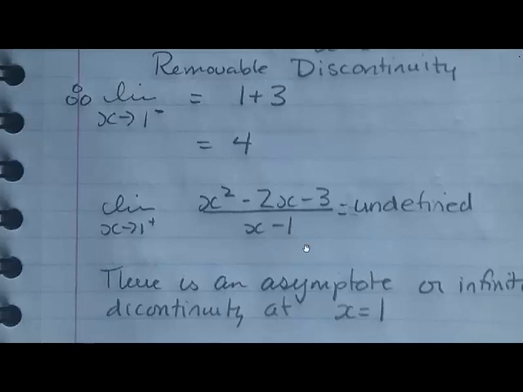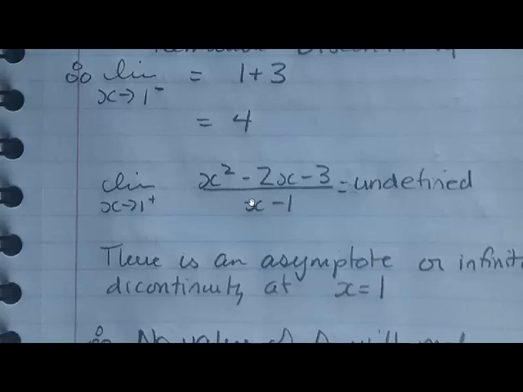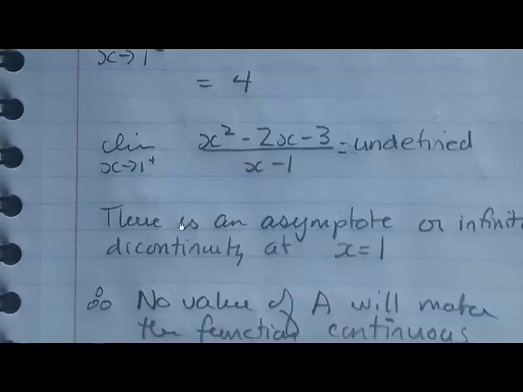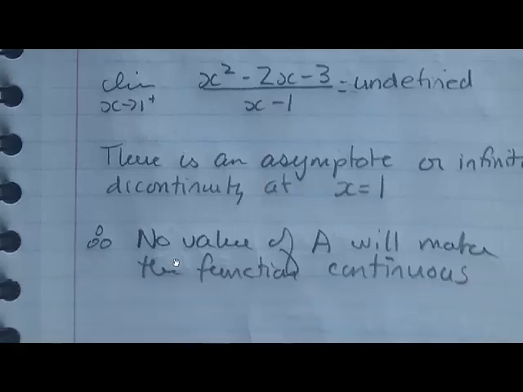Anyways, it certainly doesn't cancel with this value on the bottom. So we're actually going to get an infinite discontinuity at x equals 1 for this second branch of the function. So there is not going to be a value of a that is going to fix this. And let me show you why.